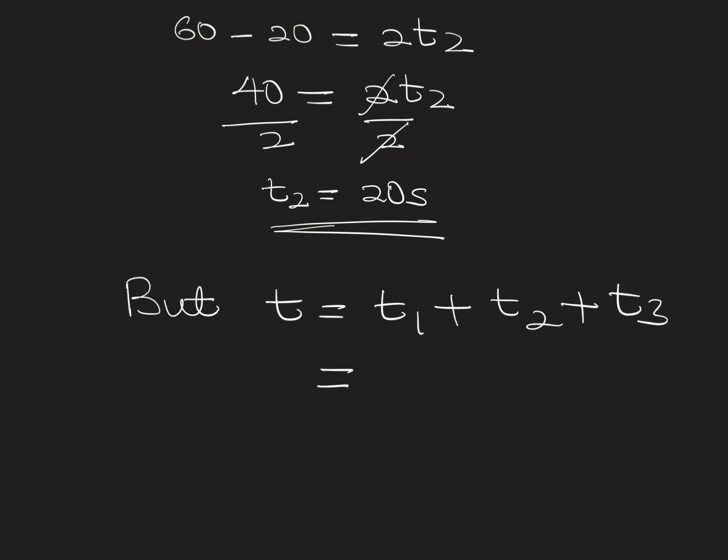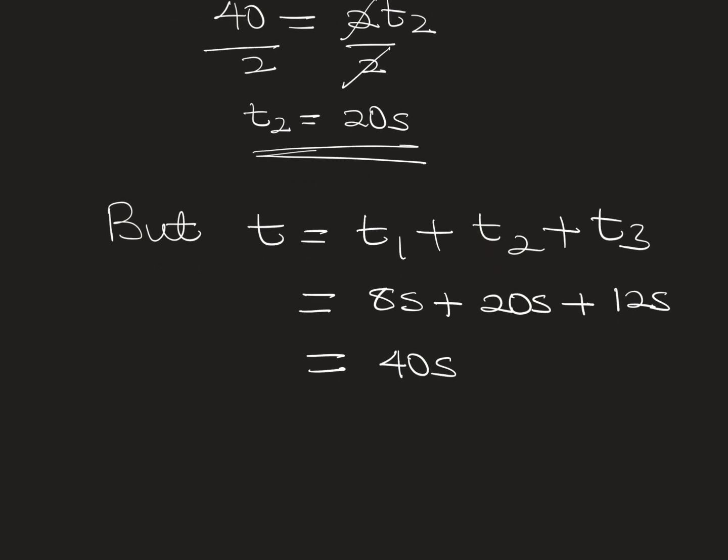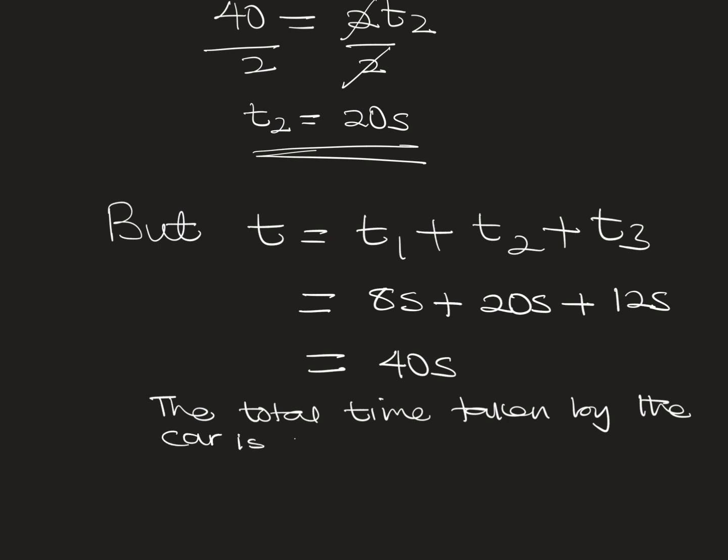So T1 is 8 seconds, T2 is 20 seconds, and T3 is calculated as 12 seconds. When we sum all that, we'll have 40 seconds. So which means for question 2, the total time taken by the car is 40 seconds.